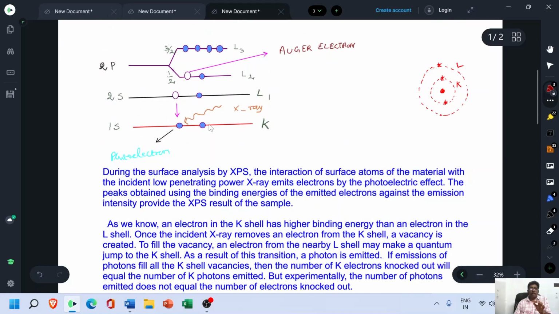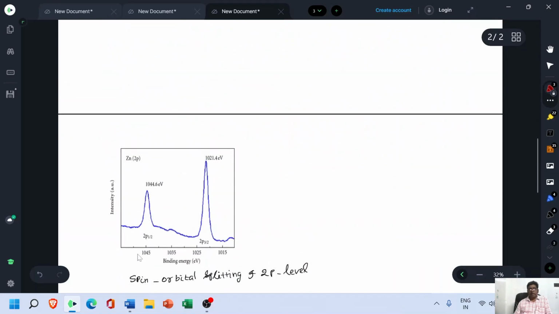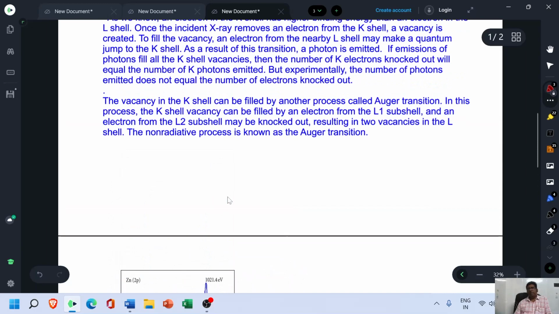Suppose a substance is taken for our consideration that contains more and more atoms, so more and more photoelectrons are coming out of that particular substance. The peaks obtained by plotting the binding energies of the emitted photoelectrons against the emission intensity provide the XPS result of the sample. See here, binding energy versus intensity of the emitted electrons will provide the XPS spectrum of the sample.